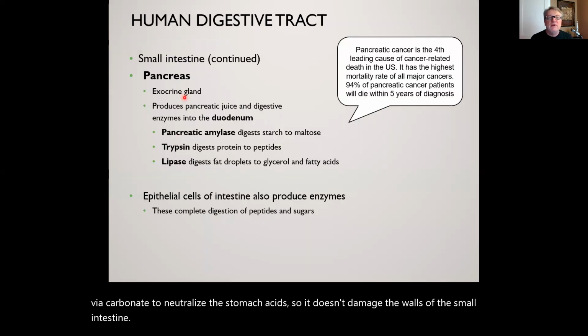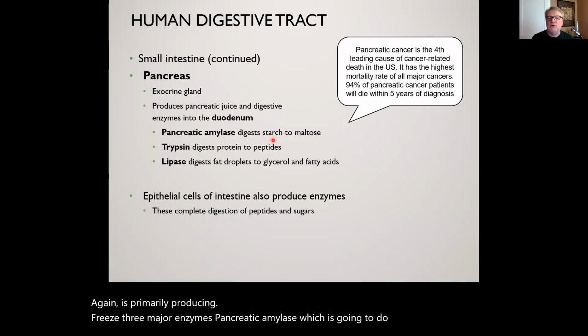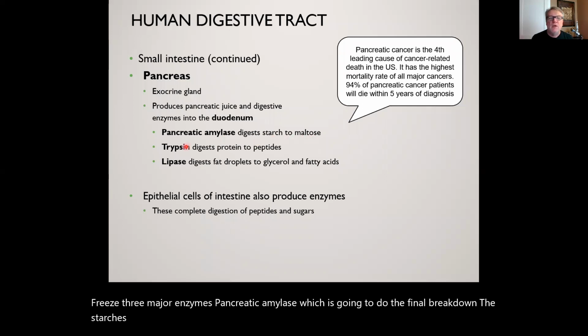So the pancreas, again, is primarily producing three major enzymes. Pancreatic amylase, which is going to do the final breakdown of starches into maltose.